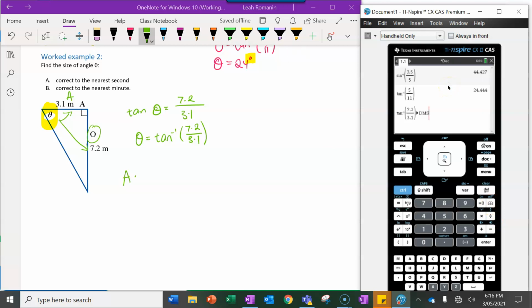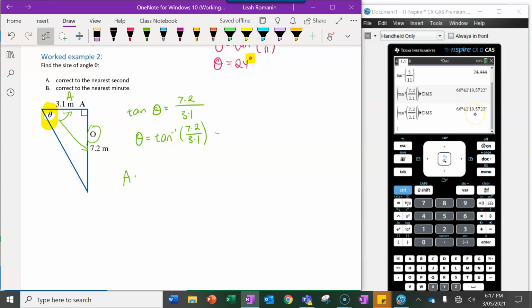I'm picking 2 DMS, 2 degrees, minutes, and seconds, and pressing enter. So it's given me 66 degrees, 42 minutes, and 19.57 seconds.